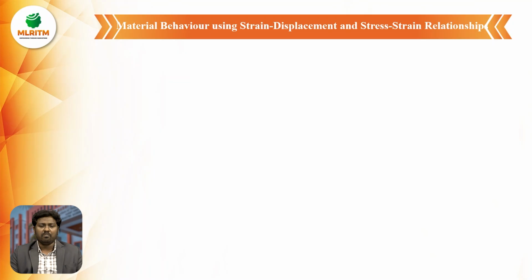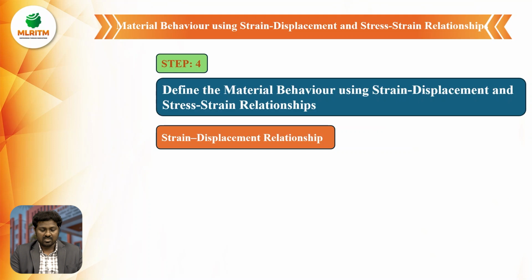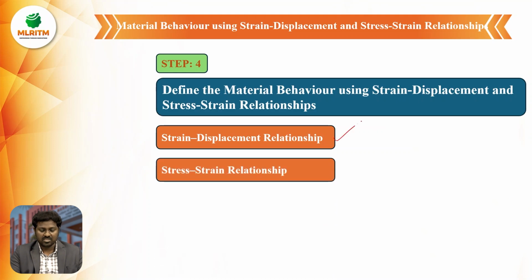Next, coming to material behavior, using the strain displacement relation and the stress strain relationship. This is step number 4. First is the strain and displacement relation, and then the stress strain relationship.